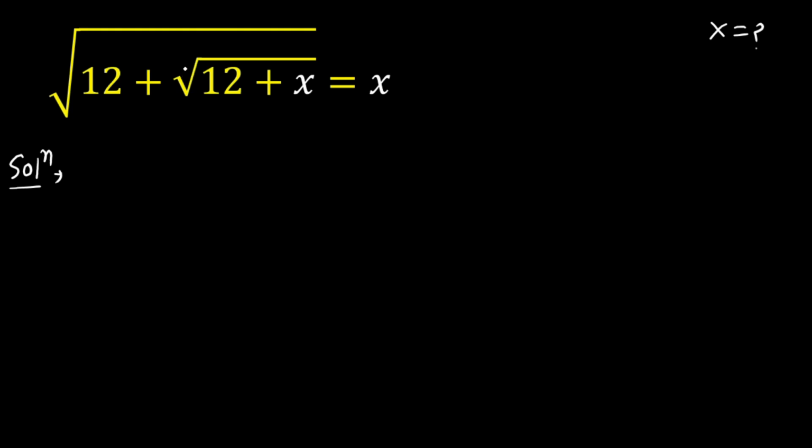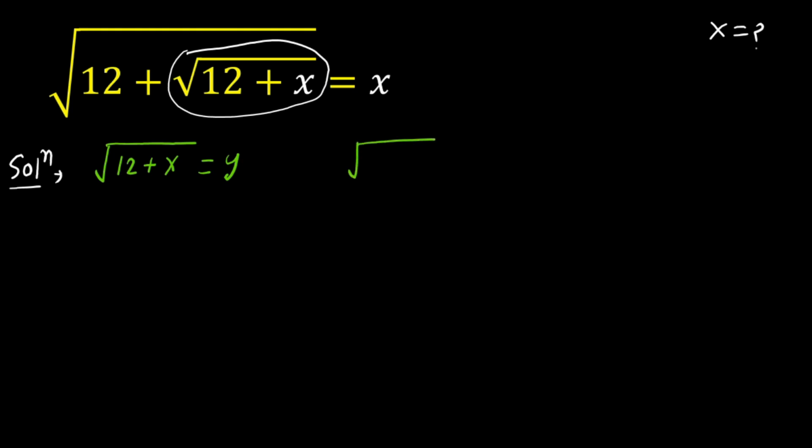If we substitute √(12 + x) with y, then √(12 + x) = y. Then the given expression is √(12 + y) = x.